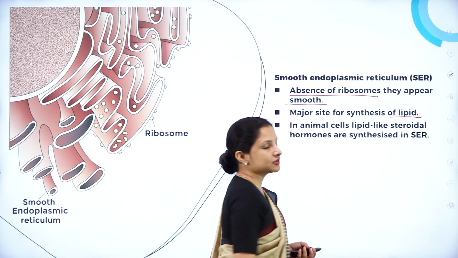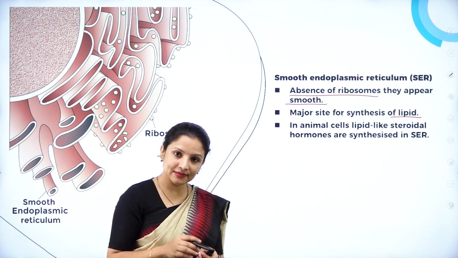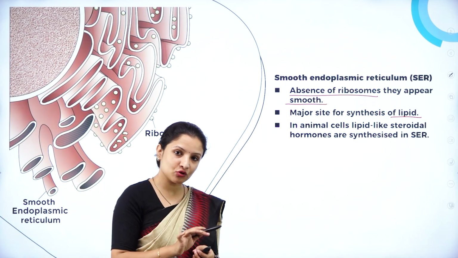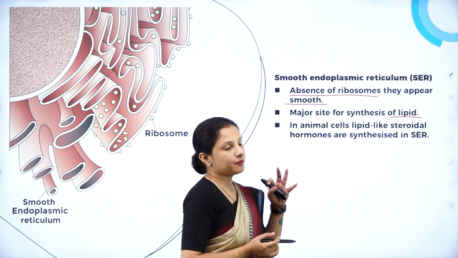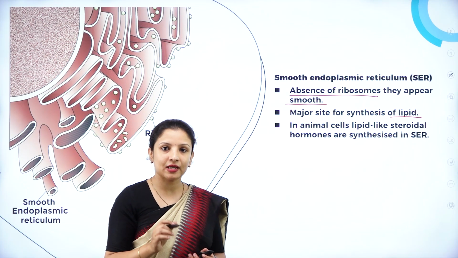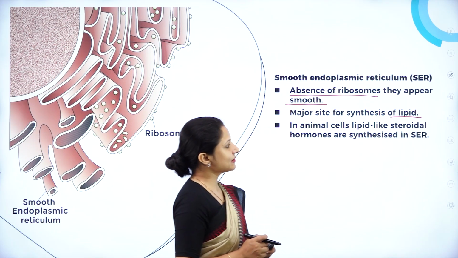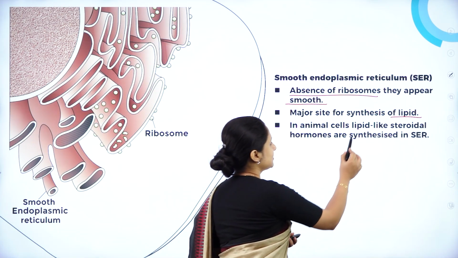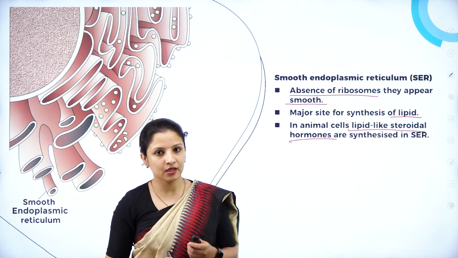So rough endoplasmic reticulum is the major site for protein synthesis because it has ribosomes, whereas smooth endoplasmic reticulum is the major site for lipid synthesis and not protein because it does not have ribosomes. And in animal cells, the smooth endoplasmic reticulum synthesizes some lipid-like steroidal hormones.